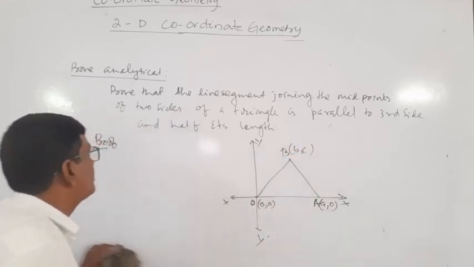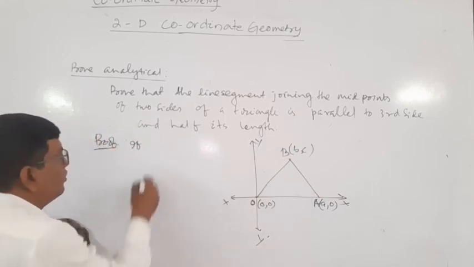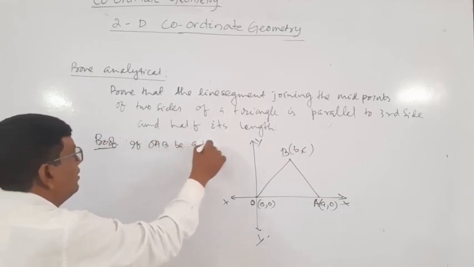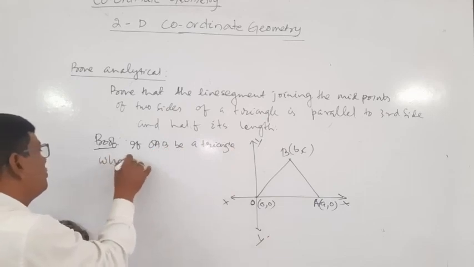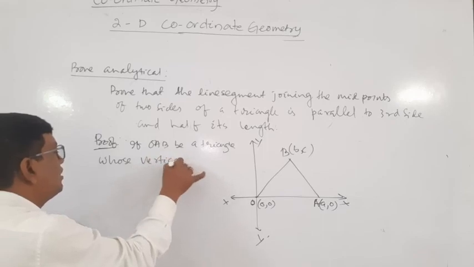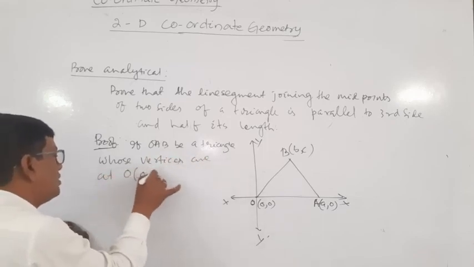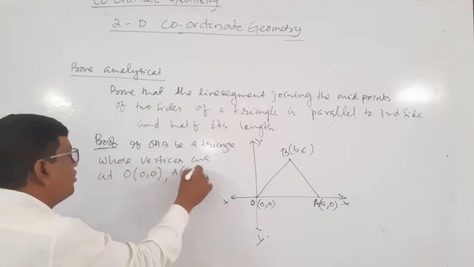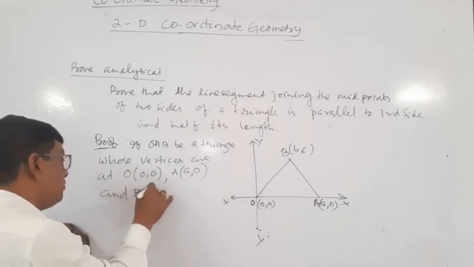Let OAB be a triangle whose vertices are at O(0, 0), A(a, 0) and B(b, c).